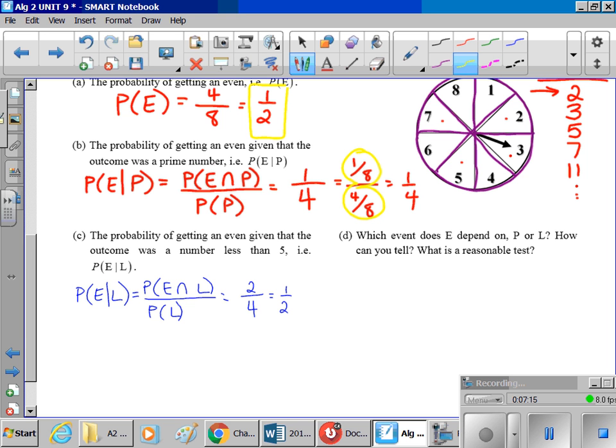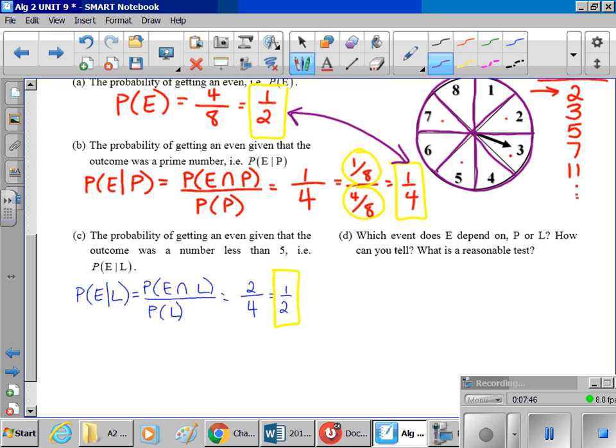Here is the probability of E. Here is the probability of E given P, and here is the probability of E given L. So as you can see, the probability of E is equal to the probability of E given L. So that tells me that those two are independent of one another. All right, but you can see how the probability of E given P is not equal to it, so these two are not equal to each other, so there's dependence going on there.